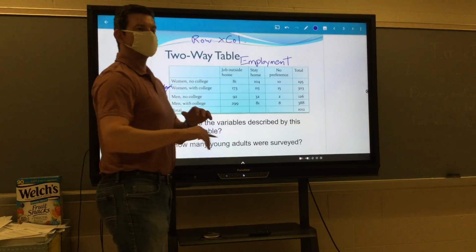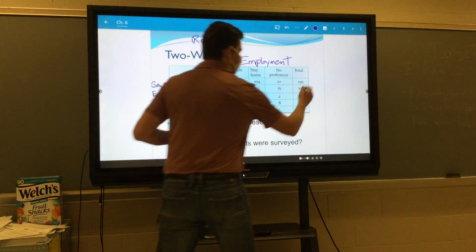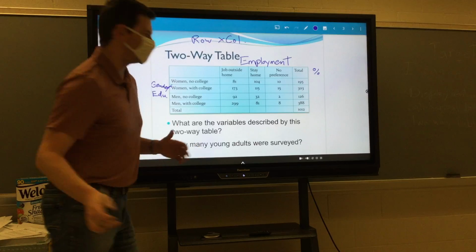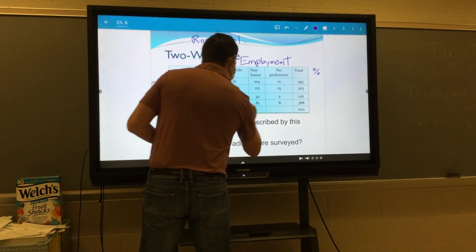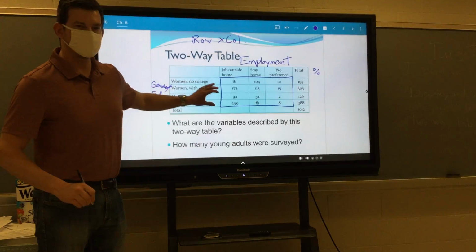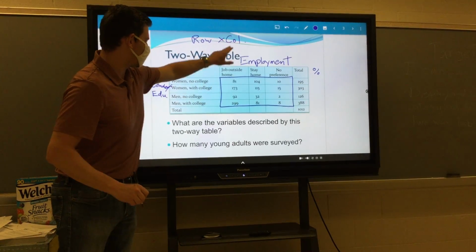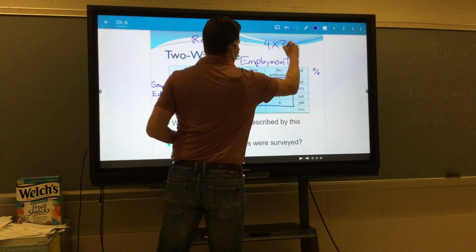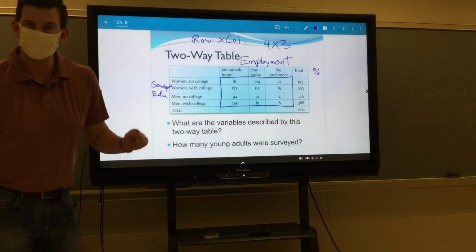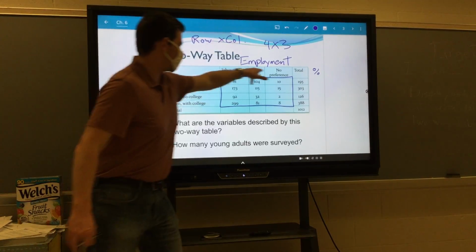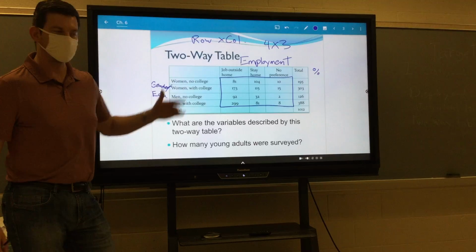You do not use the totals. Sometimes you'll have a percent column or a percent row. Do not use that. We are just considering this for our dimensions. So row by column, 4 by 3 would be the dimensions of this two-way table. 4 different breakdowns here, 3 different breakdowns vertically for the columns.